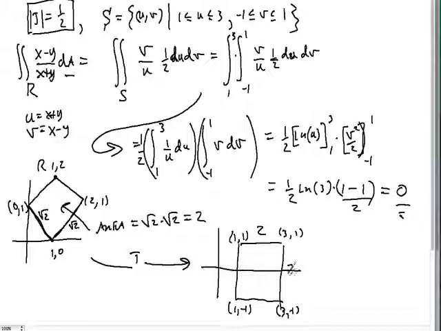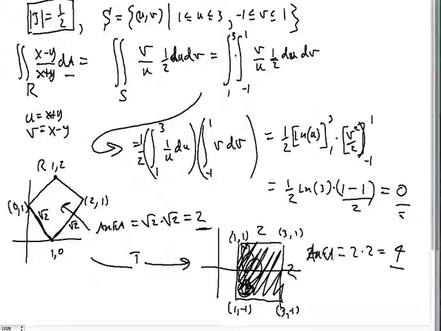The side here was 2, and the side here was 2. So the area here is going to be 2 times 2, which is equal to 4. So you see it's double the size. We've expanded the area of integration from an area of 2 to an area of 4. And because of that, the Jacobian was going to be half.